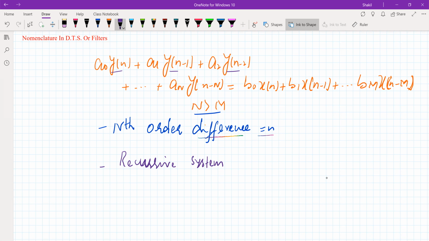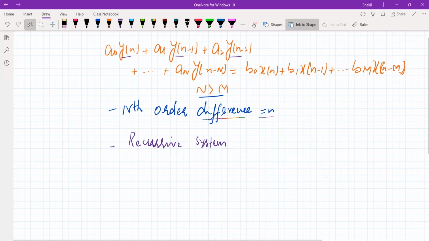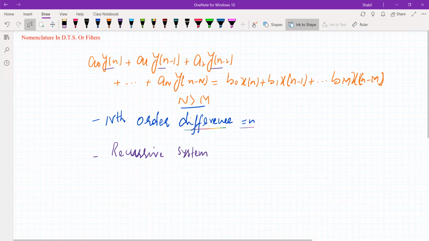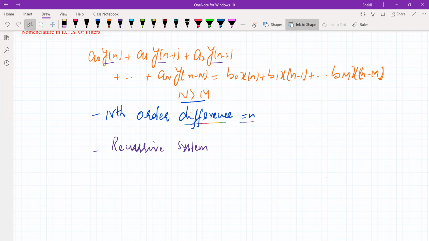All right. Now, there are different names that we can obtain for this discrete time system based on this difference equation. Before we do that, let me rewrite this difference equation first, and we'll assume a0 is equal to 1.